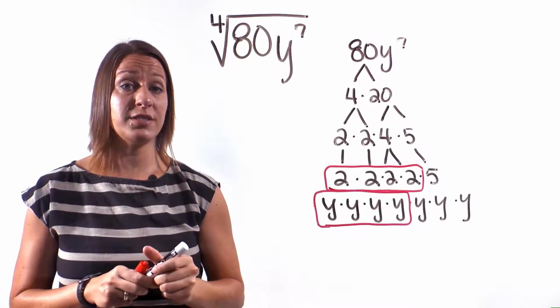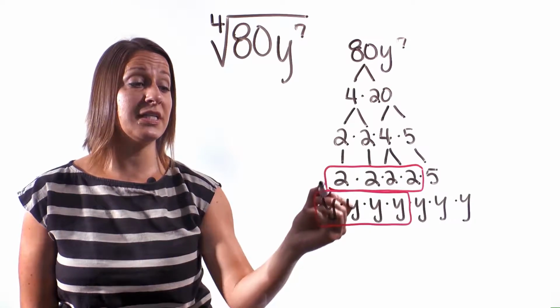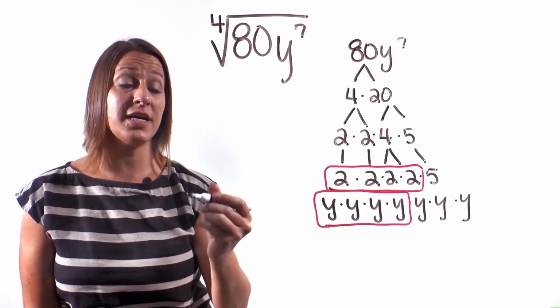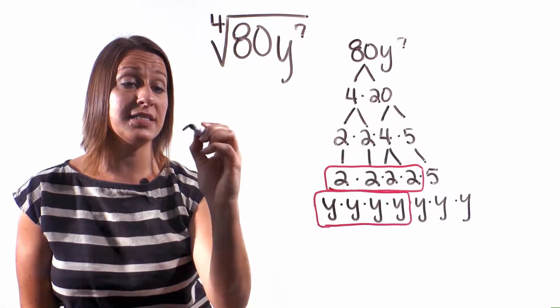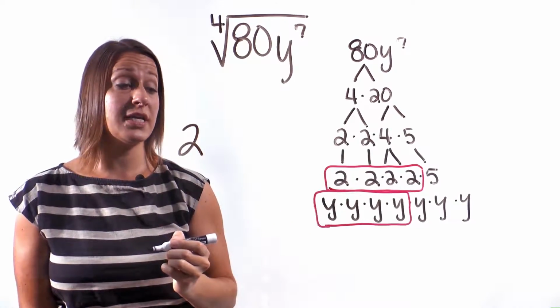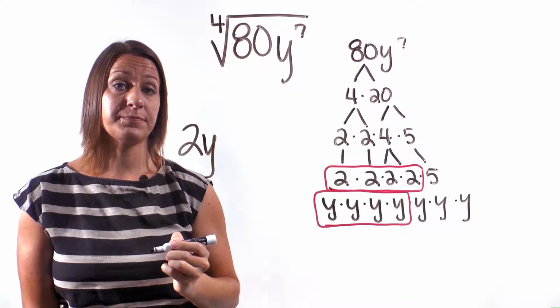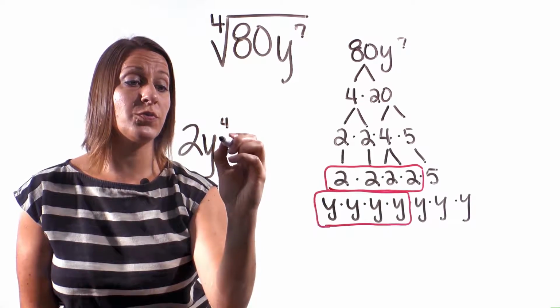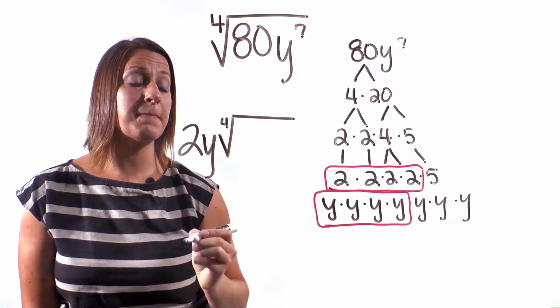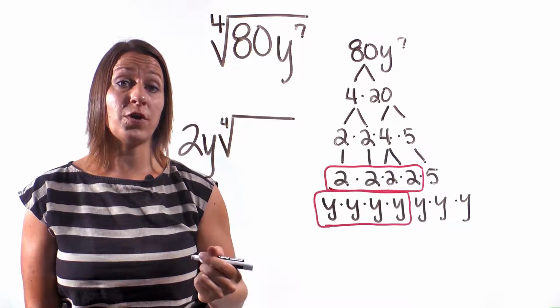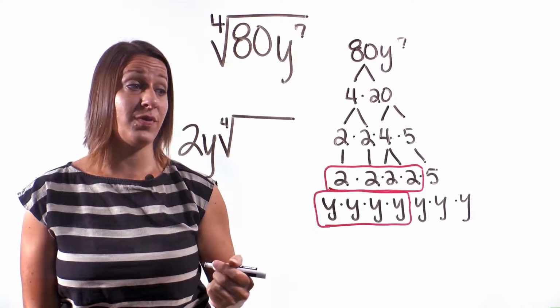We're ready to write our answer. We're going to represent each group of 4 numbers on the outside of our radical. We have a set of 4 2's, and we have a set of 4 y's. Then we'll put our 4th root symbol, and anything that did not get grouped up with a group of 4 goes back inside of the radical.